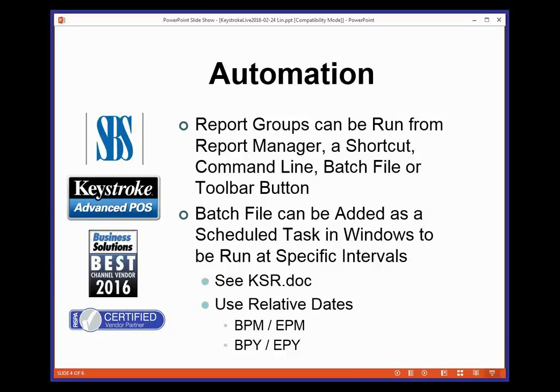So if you have reports that are always going to be run monthly and you're going to set them up in a batch file, you can have your start equal BPM, beginning of previous month, or BPY for beginning of previous year. And then your end is the end of the previous month or end of the previous year.